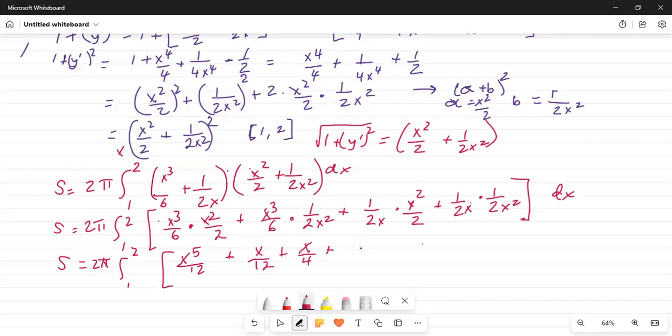And the last term is 1/4 x cubed, and dx. Okay. Now if I create some space here.